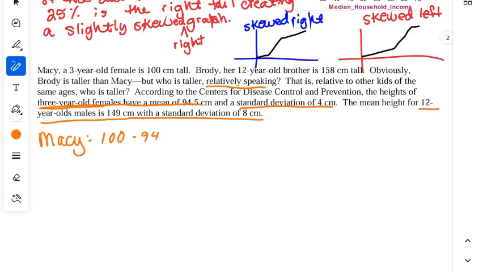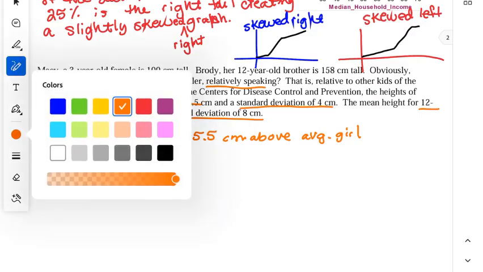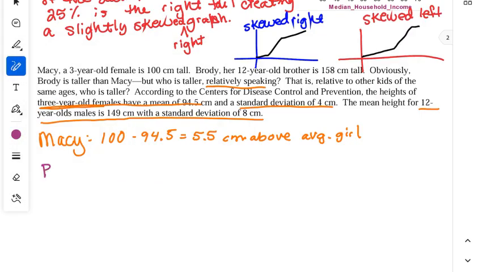So one way is just to look at how it compares to the mean. So she's 100 centimeters. The mean is 94.5. So she has 5.5 centimeters above average girl, same age. And then we got Brody.